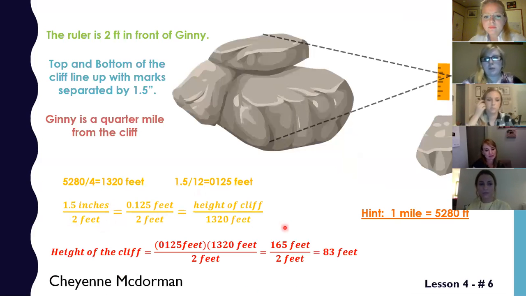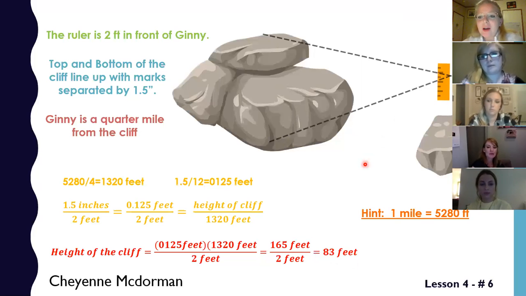You multiply 1,320 feet on both sides, which leaves the height of the cliff equal to 0.125 feet times 1,320 feet over 2 feet. That gives you 165 feet over 2, and when you divide that by 2, you get 82.5, but when you round it, it gives you 83 feet for the height of that cliff.